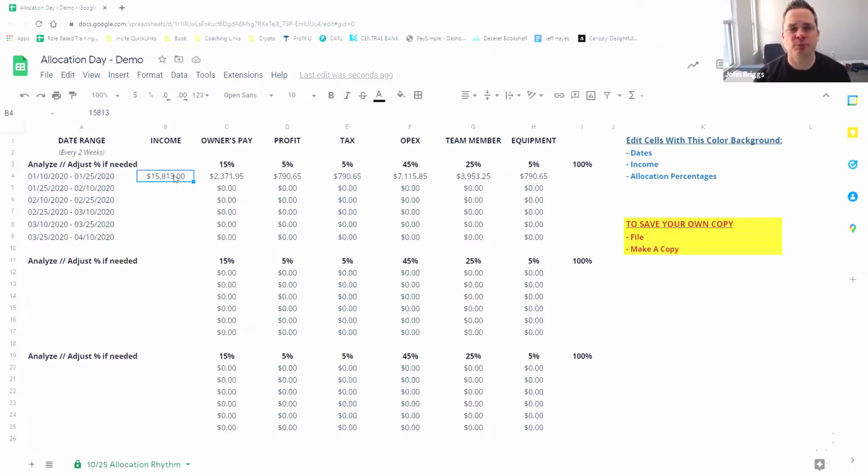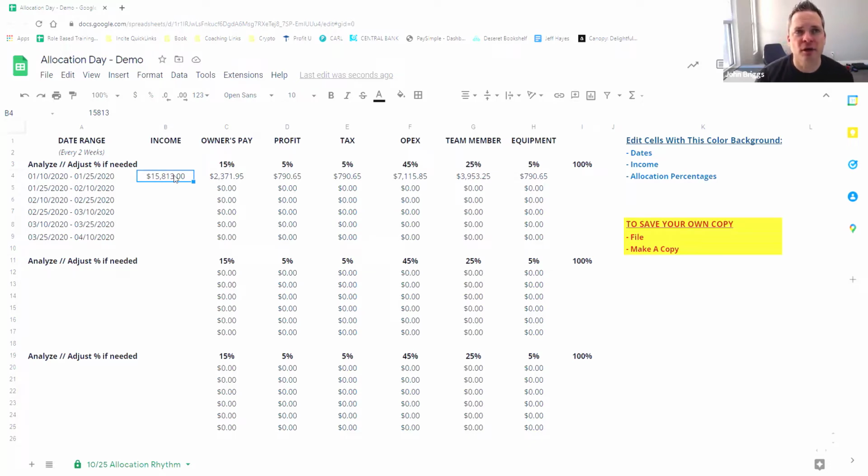I pop in the actual dollar amount that is now in my income account. If you do it this way, it makes it pretty simple. Now, the purpose of this video, I'm not going to go into details of certain exceptions that some people may or may not have. If you have exceptions and you want guidance, we're a firm that supports people in Profit First, so reach out and we are happy to help.